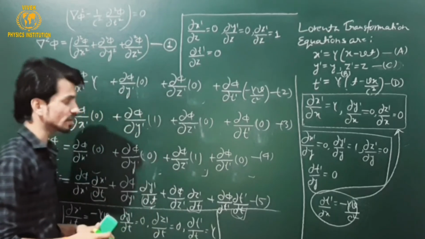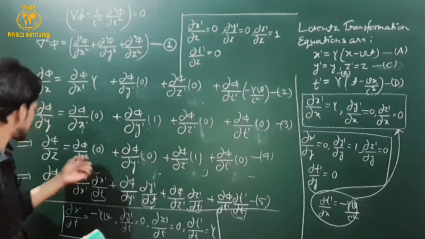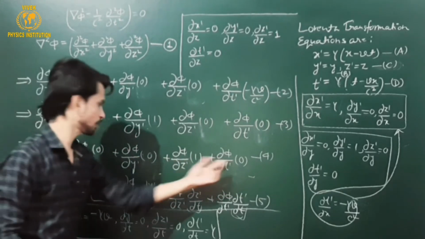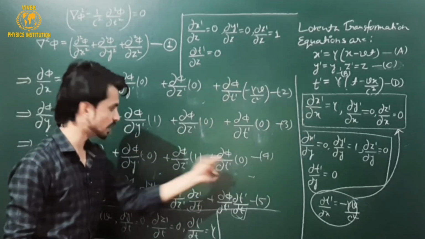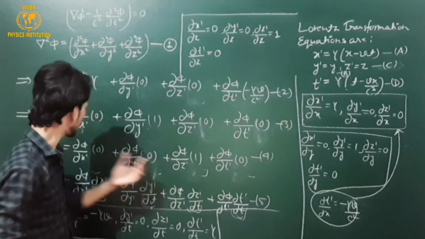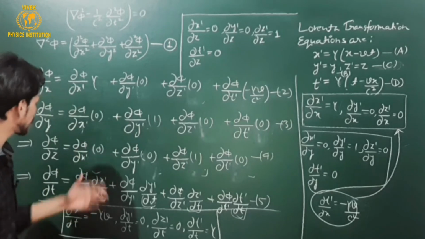You are noticing here that, as we are taking z, the factors in which there is no z will be 0, because there was no z here, no z here, no z here. Only z was appearing here, so this will survive, and all the other factors will be 0. Similarly for y, similarly for x, and similarly for t.